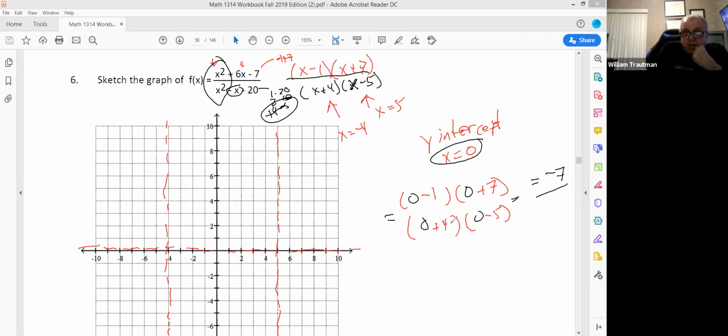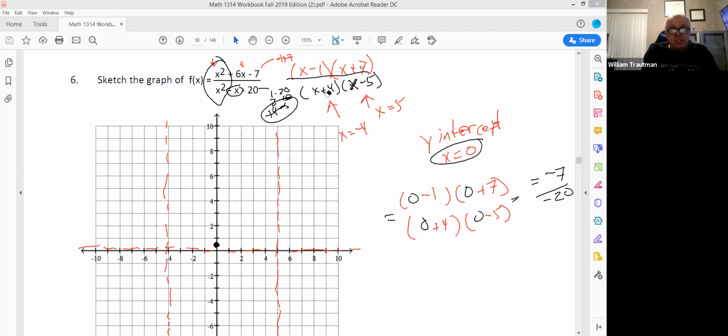And on the bottom, I get 4 times a -5 is a -20. So my Y-intercept is 7/20. Negative divided by negative is a positive. 7 divided by 20 is 0.35. Our graph crosses right here at 0.35. That's the Y-intercept. When x is 0, my Y-intercept is right there.